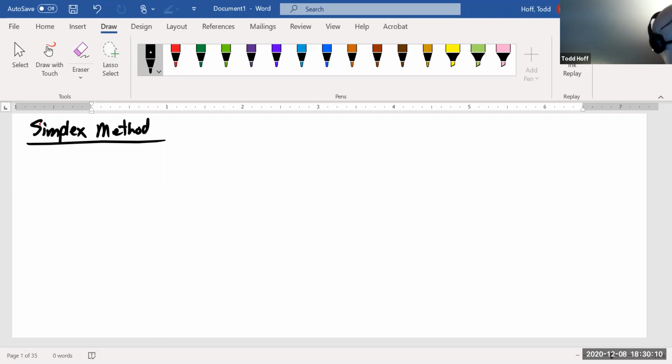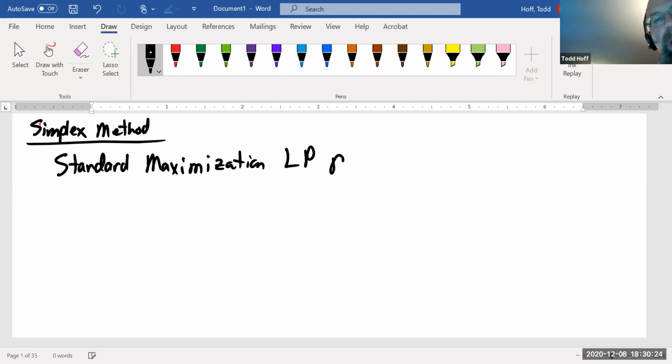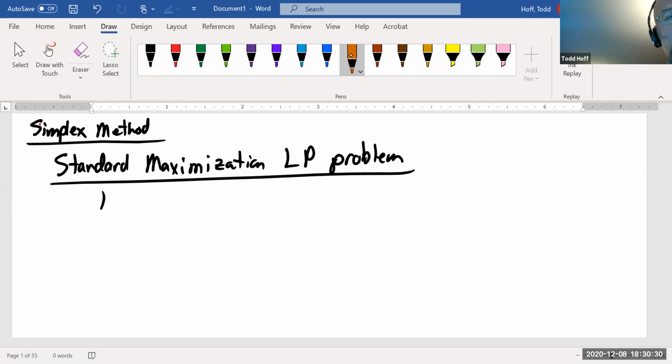Now in the simplex method, first of all, we must have a standard maximization linear programming problem. What that means is 2 things. One, the objective function is to maximize.